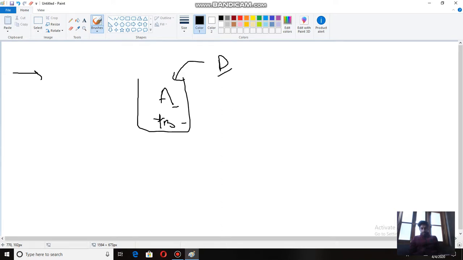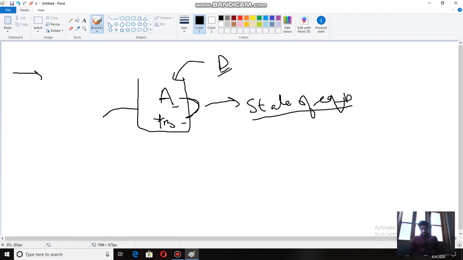This D will just take this system fast to the state of equilibrium. It will not disturb the equilibrium. It will just take this system as fast as possible to the equilibrium state.